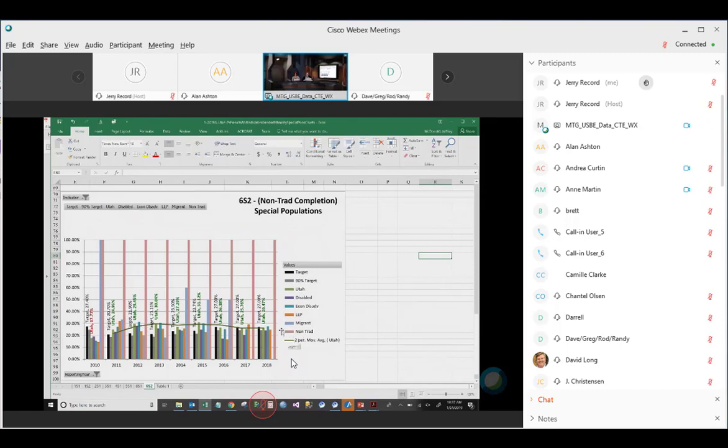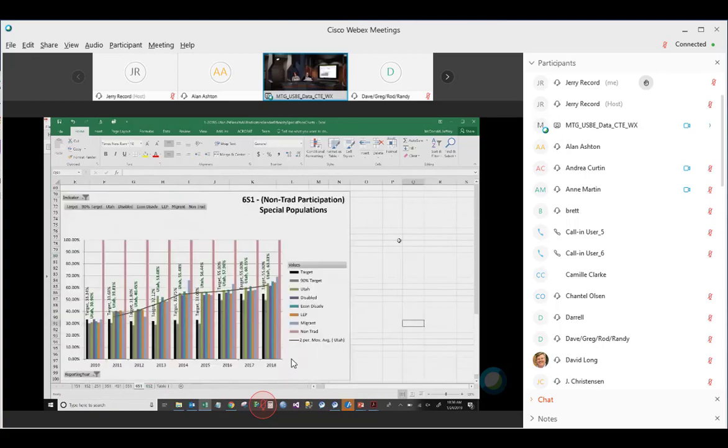Non-traditional, I have to derive here at the state based on the pathways. It's a little tougher for non-traditional participation because this is course-based. It's only one course to be a participant, and you can't really assign a non-traditional designation to a single course because they spill over into multiple pathways.